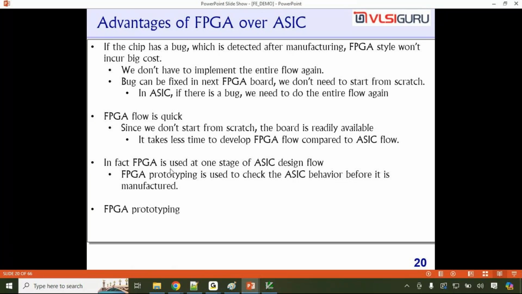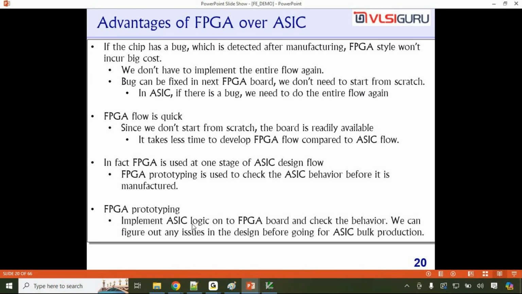What is meant by FPGA prototyping? Implement ASIC logic onto an FPGA board and check the behavior. We can figure out any issues in the design before going for ASIC bulk production.